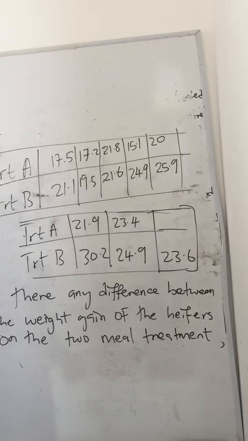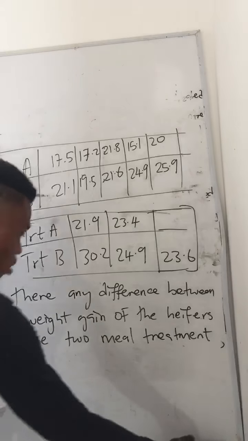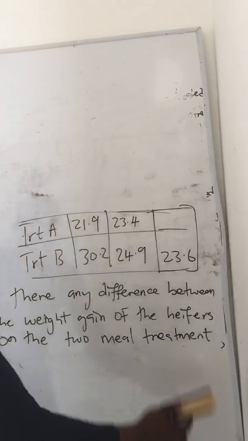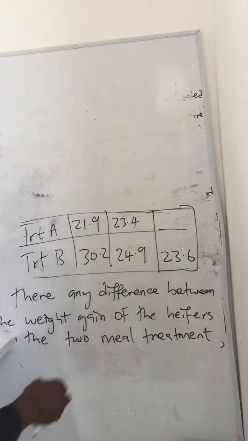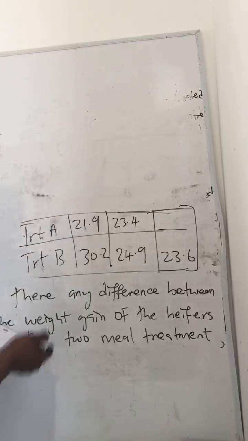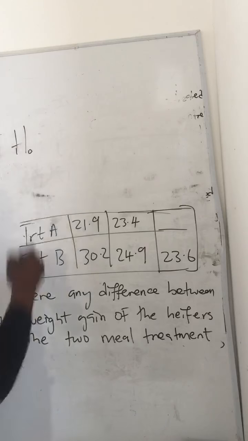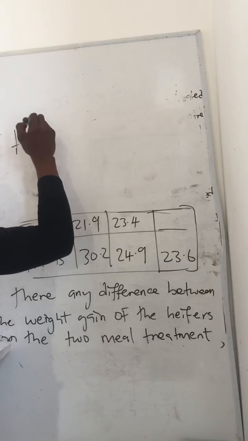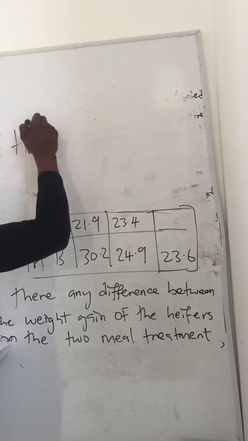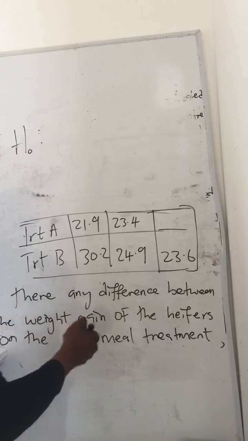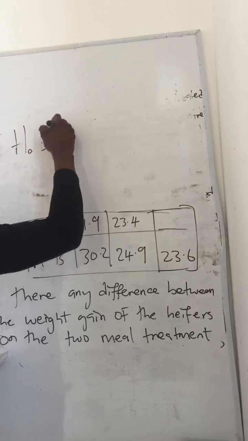Now remember, the first thing we do when we are given the question is to set our hypothesis. So I'm going to clean this so you have a space here. We set our null hypothesis, which we represent with H0.